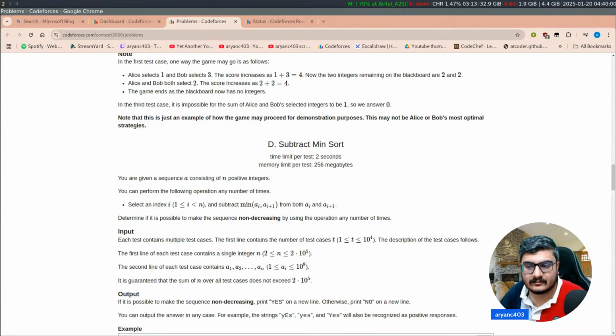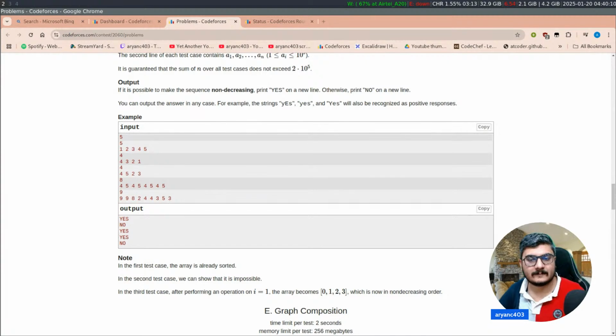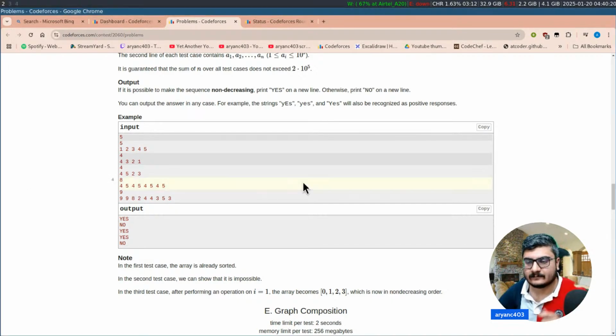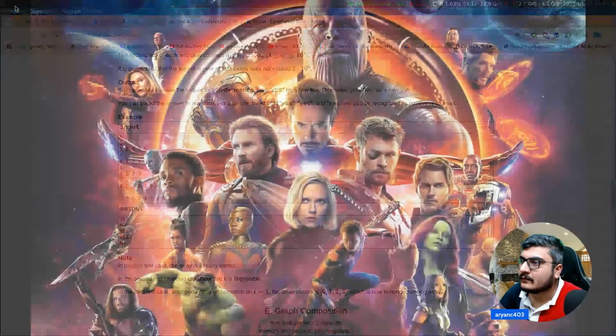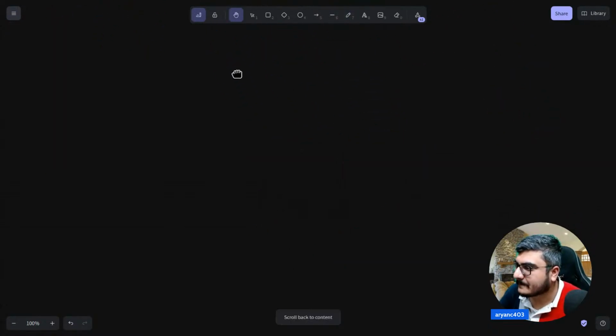And basically the idea here is, no, the DSU in E definitely works, just that it depends on how to do it.